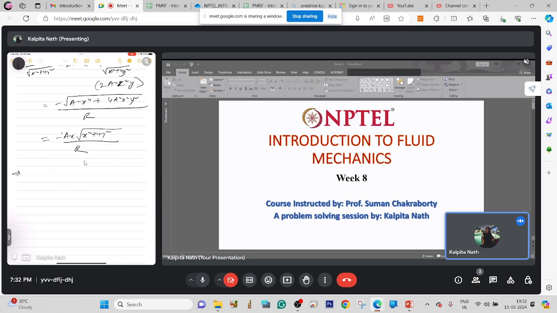Or this will be 4y ax square plus 2ax square y is equal to minus x square plus 4y square by r, or r is equal to minus x square plus 4y square upon 6x square ay.